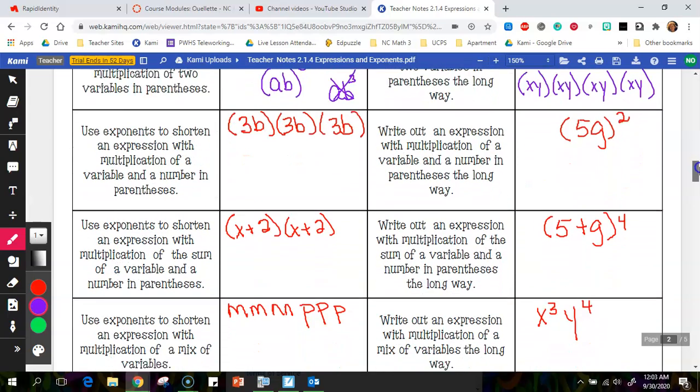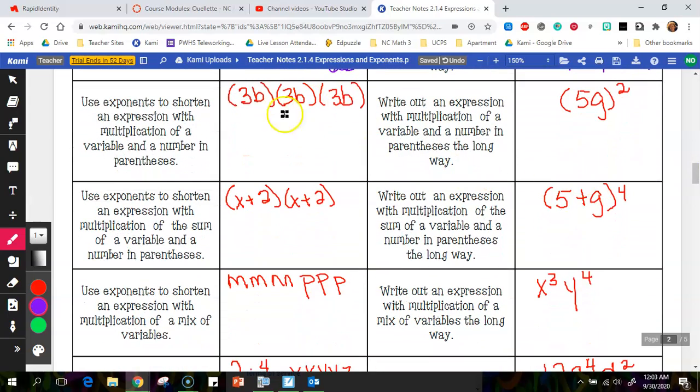Okay, moving on down with the 3 B's. Use exponents to shorten an expression with multiplication of a variable and number in parentheses. So this 3b is multiplied times itself 3 times. Again, we have to use our parentheses here to get this right. That is not the same as this, because in this case it would only be the b that's been raised to the 3rd power.